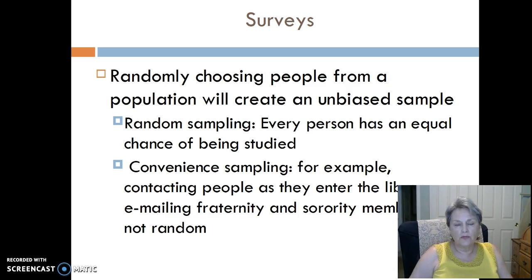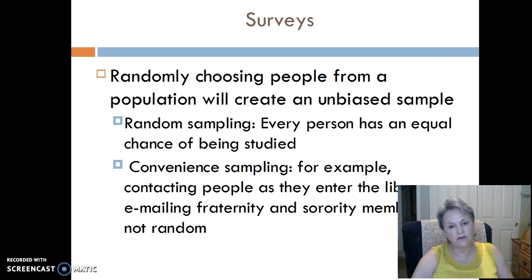If you want your participants to be representative of the population at large, you have to randomly choose them from the population in order to create a sample that's unbiased. Random sampling, simply put, means that every person in the population has an equal chance of being picked for the study.